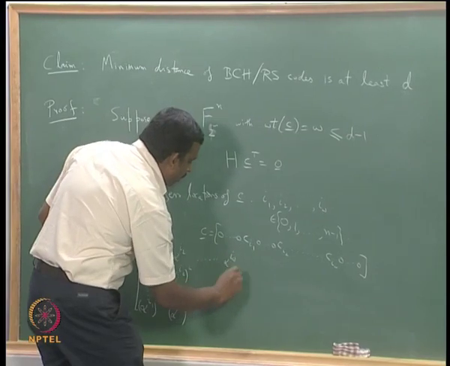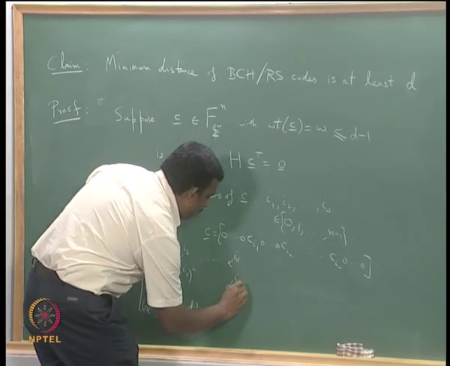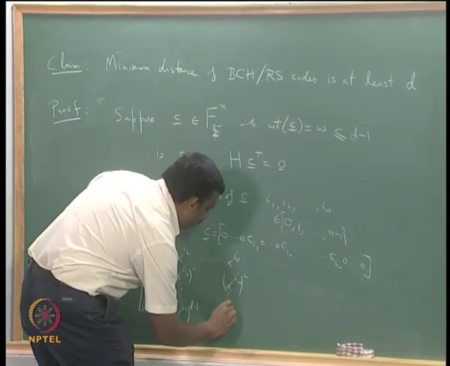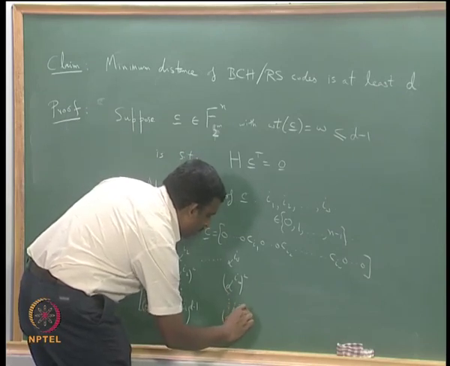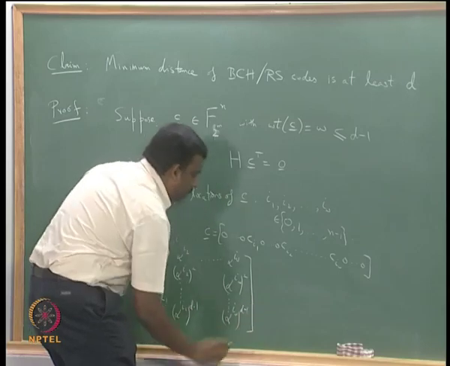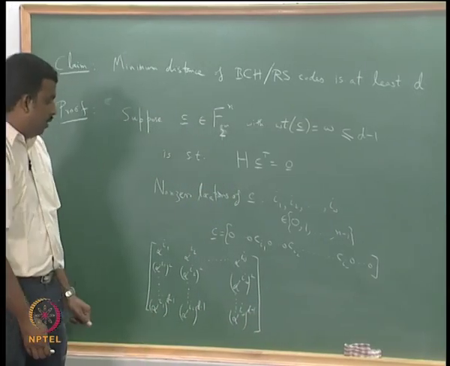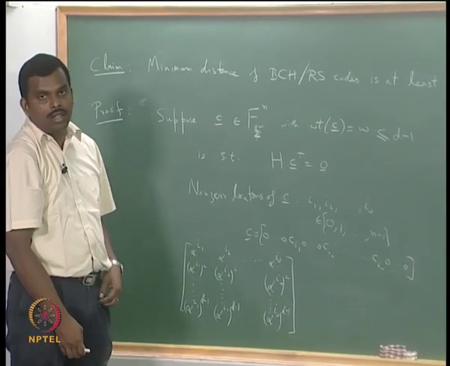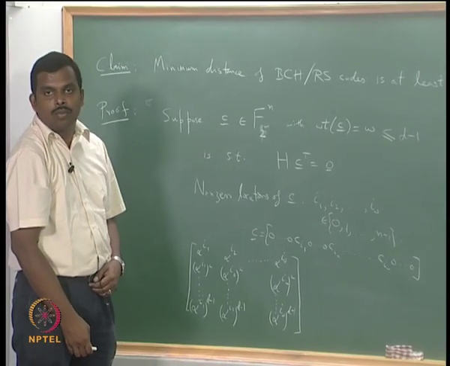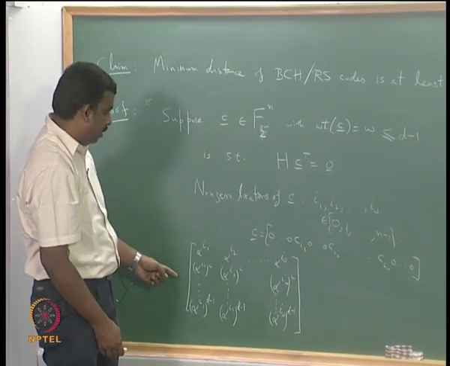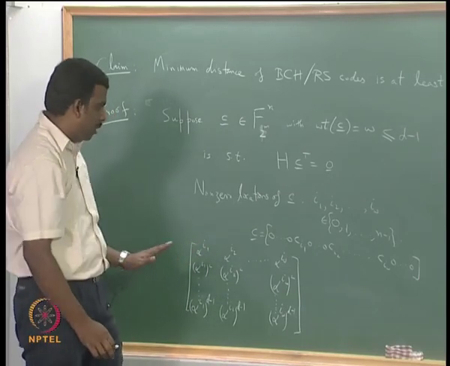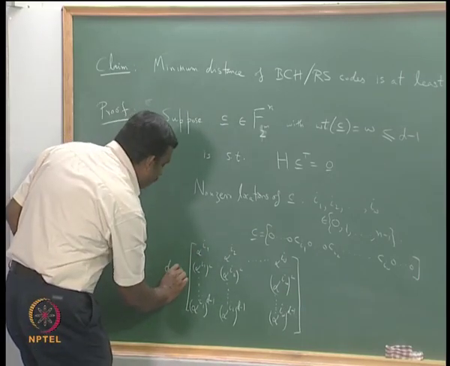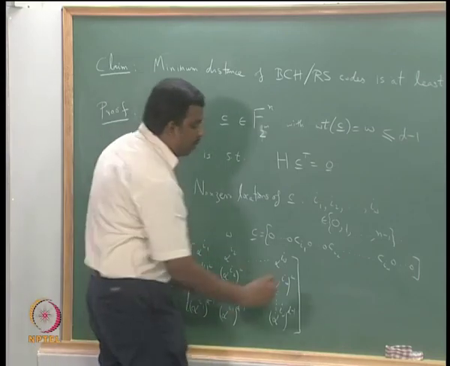Alpha power Iw, alpha power Iw squared, and so on down to alpha power Iw raised to the power d minus 1. What is the dimension of this matrix now? It is d minus 1 cross W. Remember that it is d minus 1 cross W times what?